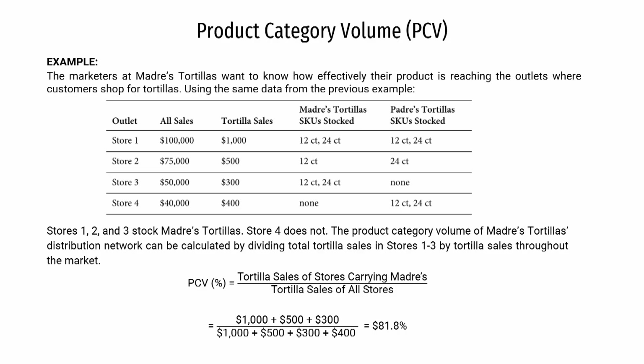So, rather than considering all sales values such as 100,000, 75,000, 50,000, I am only considering the tortilla sales. It is 1000 plus 500 plus 300 divided by 1000 plus 500 plus 300 plus 400, and this value is 81.8%. On the other hand, our ACV value was somewhere close to 84 point some percent.